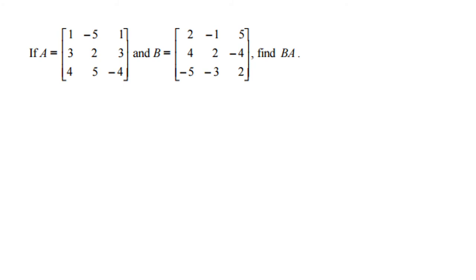Okay, our next question. We have another multiplying matrix. That is our goal for today, is to learn how to multiply matrices. When we multiply matrices, because this stands for multiply, make sure you count the number of rows and the number of columns.